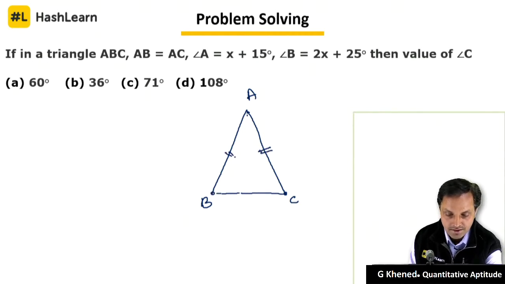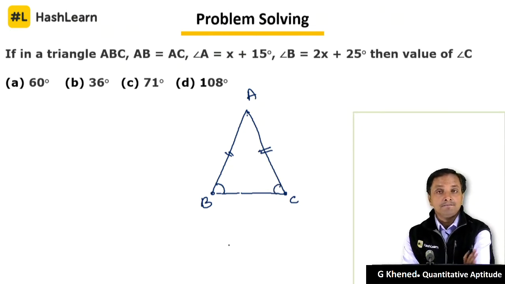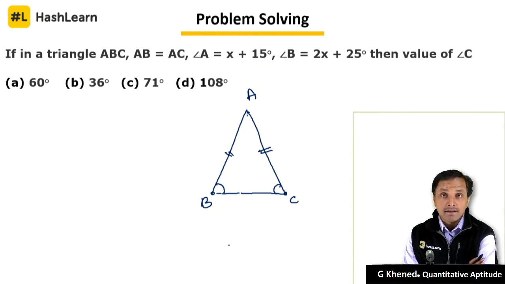If this is the same as this, you know that these two angles will be the same. Angles opposite to equal sides are equal.